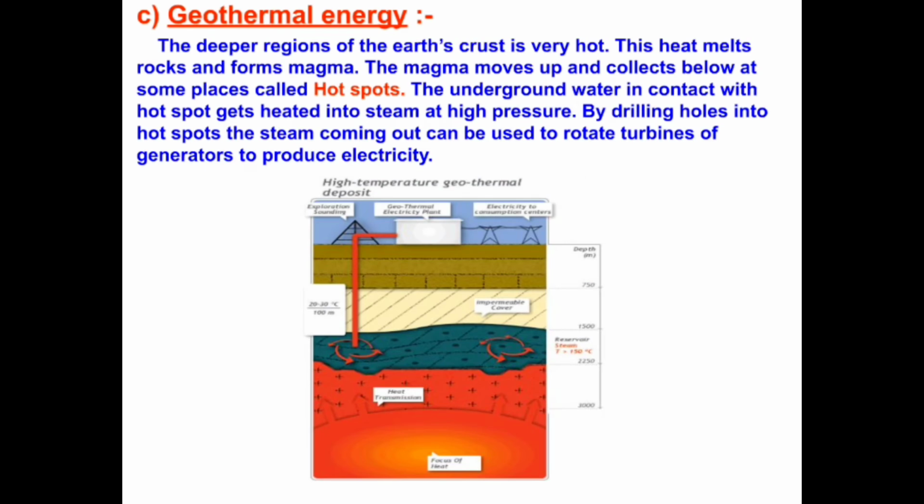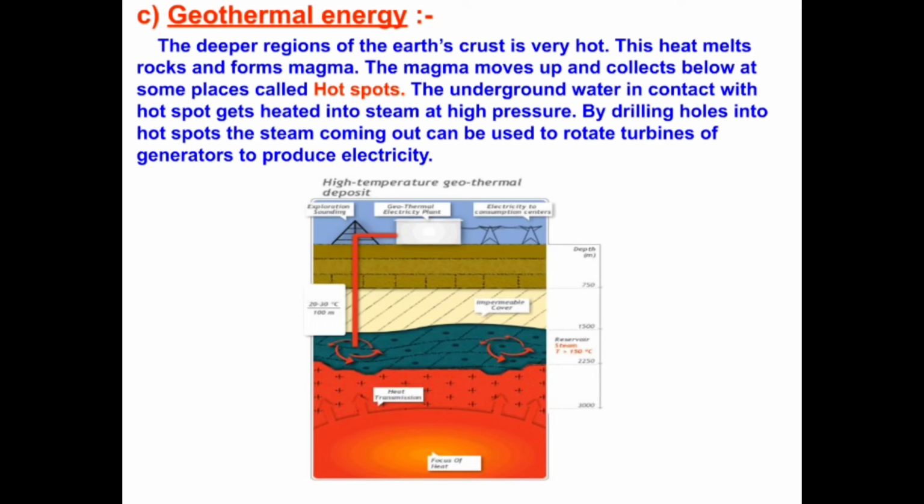Geothermal energy. The deeper regions of the Earth's crust are very hot. This heat melts rocks and forms magma. The magma moves up and collects below at some places called hotspots. The underground water in contact with hotspots gets heated into steam at high pressure.